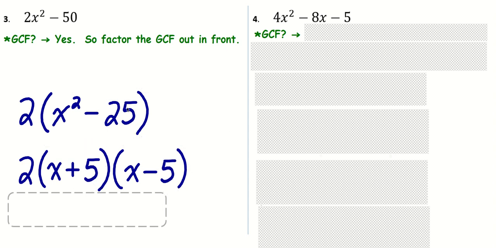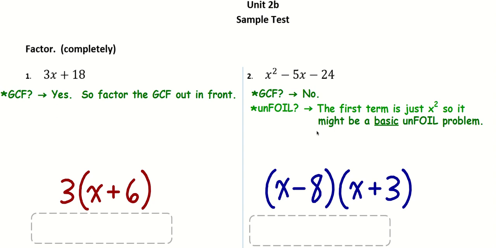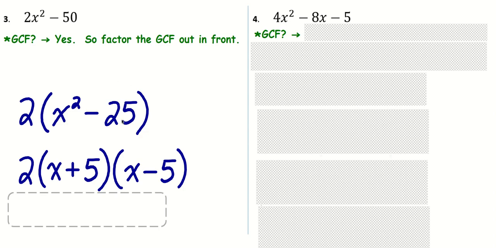But you also could have said the middle term here is technically 0x. You could have squeezed in a 0x in the middle, like x squared plus 0x minus 25. And then you could play the same game: what two numbers multiply to make negative 25, but also add up to 0? That could have also gotten you these two binomial factors from unfoil.